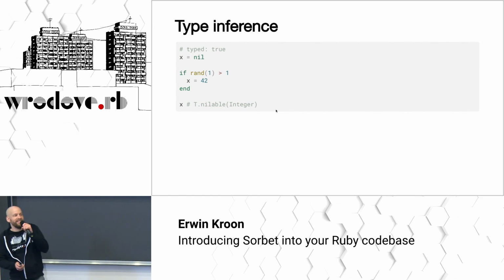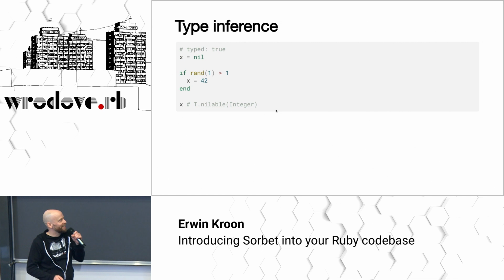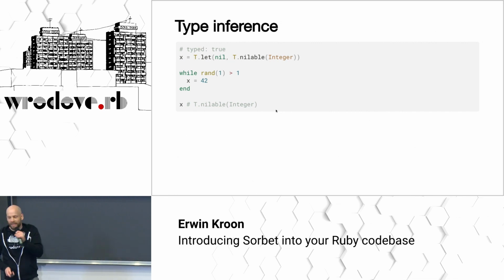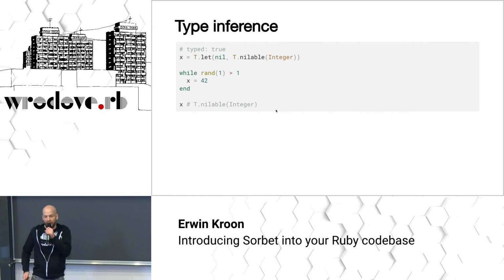Of course, you get more difficult code in your own application, but this is the gist of it. Now, if it's a loop, because of an implementation detail, it is not possible for Sorbet to figure out the type. So now we have to do the T.let nil, T.nilable. We have to define the type, which is, yeah, not really great.